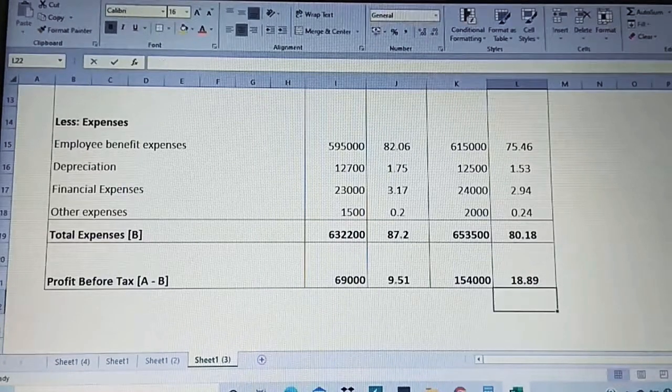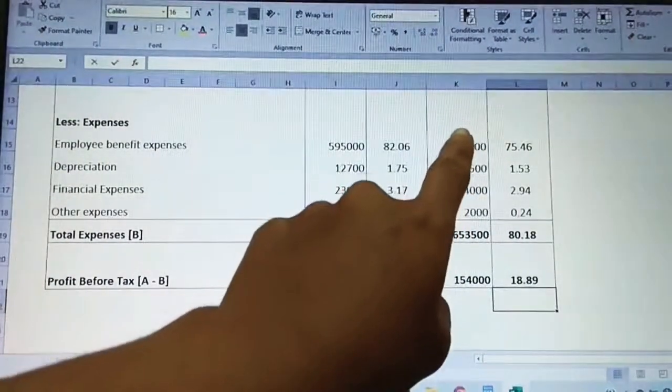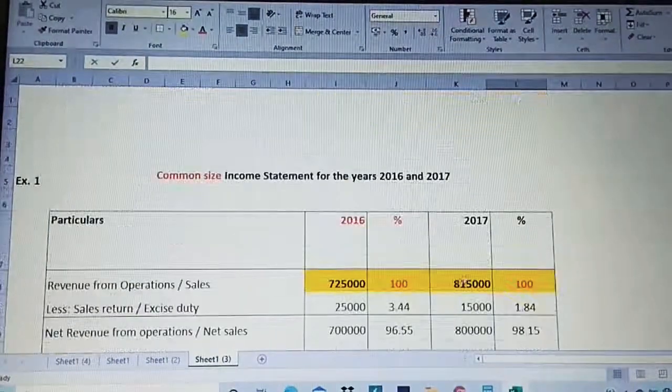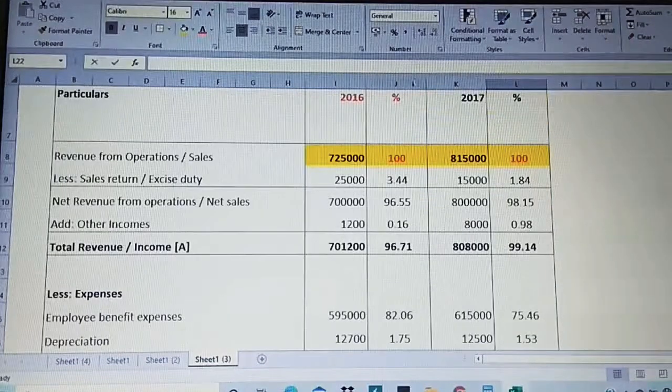So this is the way we are going to calculate. Each year's values of each item are to be divided by the base.